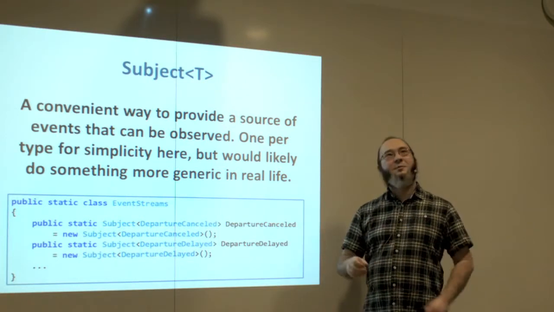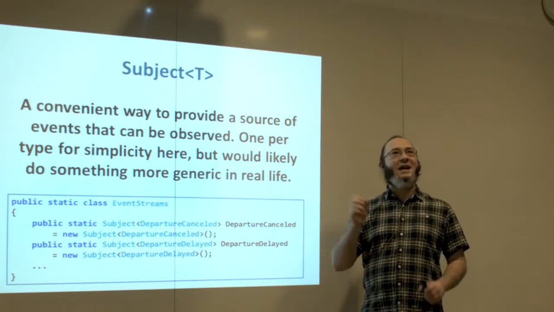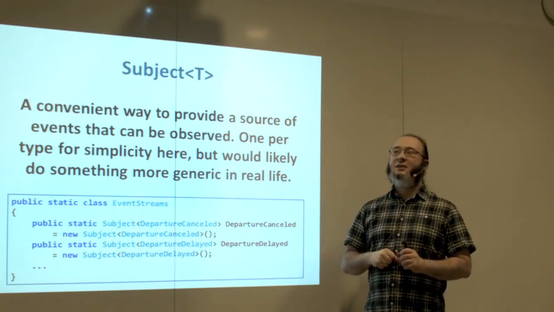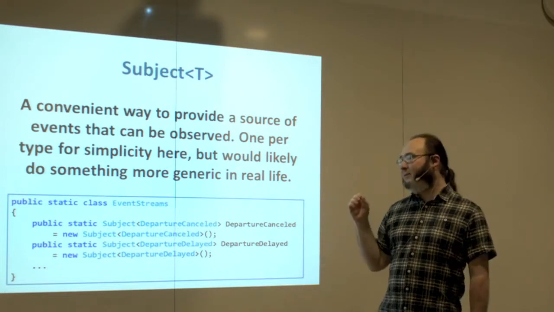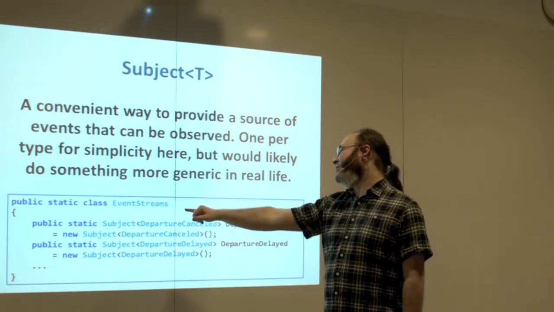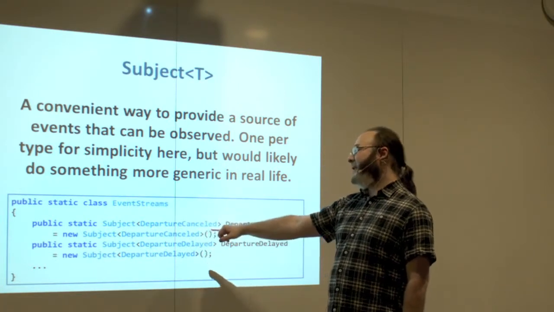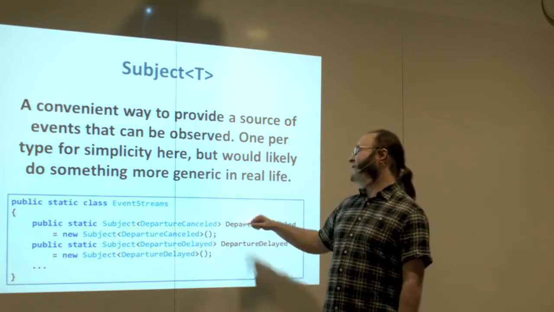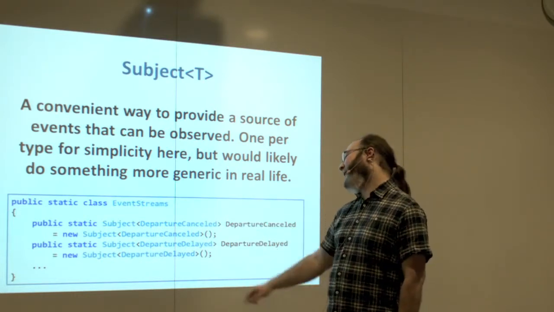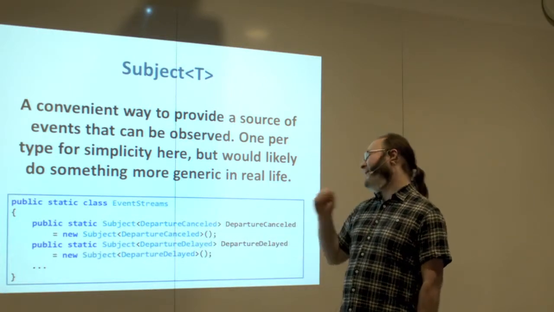It's an object, so you call onNext on it, and it will pass it along to anybody who is observing it. This is very nice because for all of our events, we can just create a subject that you can observe. So we'll be able to write code saying, I want to observe departure cancelled events. Whenever a departure is cancelled, I just observe those.